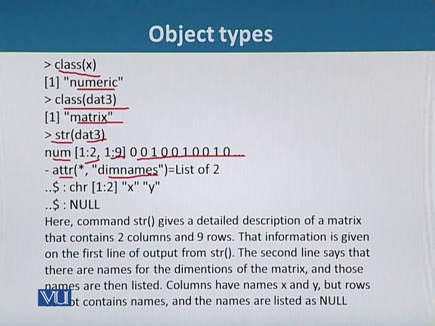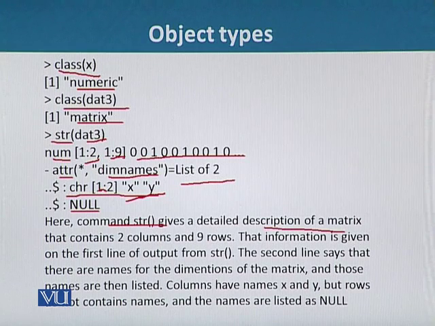The list of 2 means we have 2 columns, x and y, and these are written as chr 1:2 x and y because these are 2 columns, and NULL means there are no row names. So if we explain this in a few lines, the command str gives a detailed description of a matrix that contains 2 columns and 9 rows.